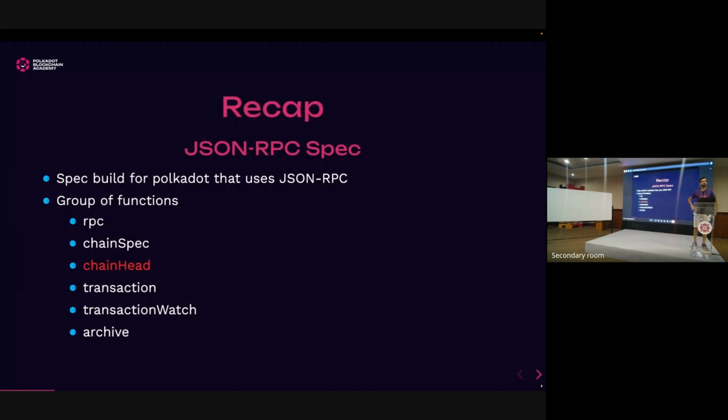So this is a good question. This is explained in the doc of the new JSON-RPC spec. It explains why there are groups of functions and why it's all or nothing. It basically has to do with node capabilities, right? For instance, smoldot obviously cannot implement archive, therefore none of the archive functionalities are there.